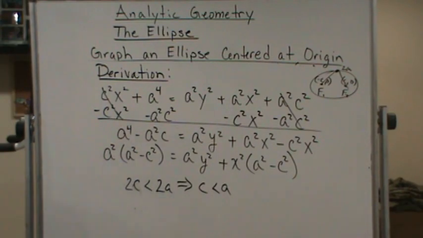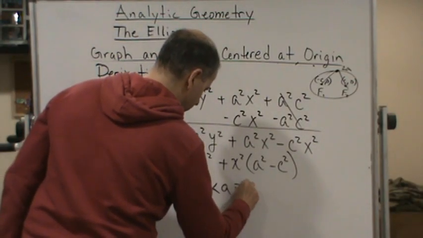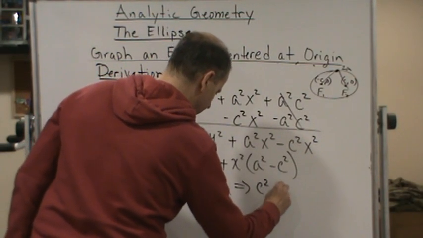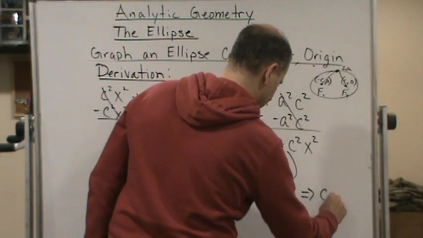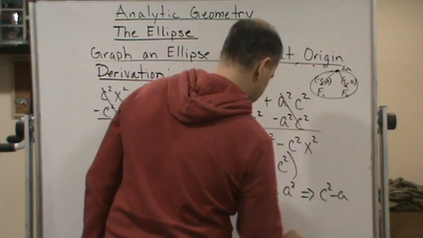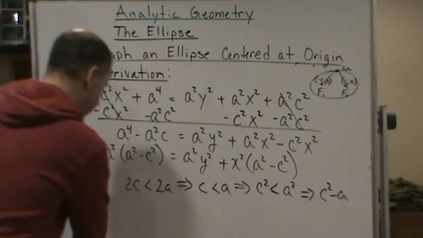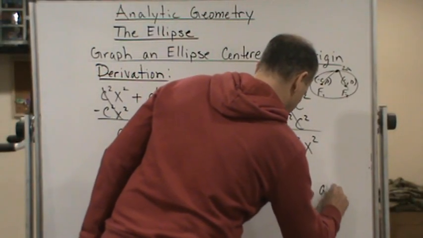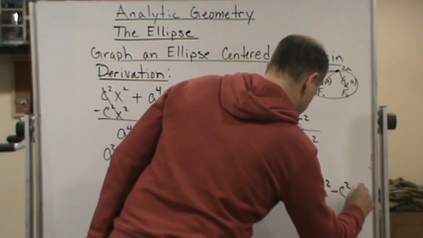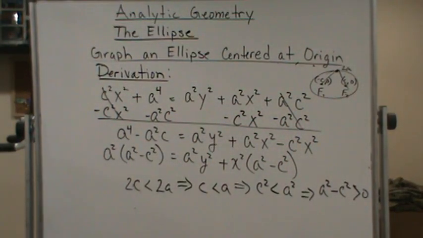If I square both sides, this means that c squared has to be less than a squared, so that means that a squared minus c squared has to be greater than 0. That's where we want to go, okay? So a squared minus c squared has to be greater than 0.